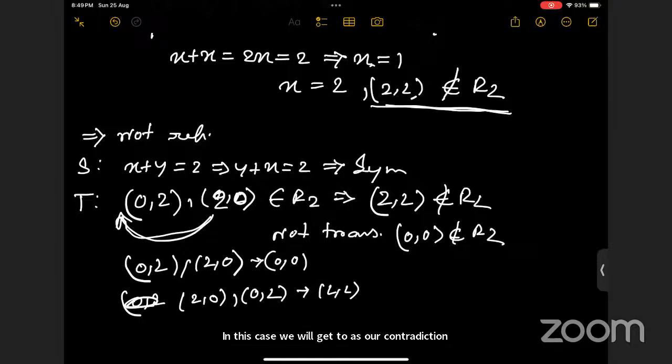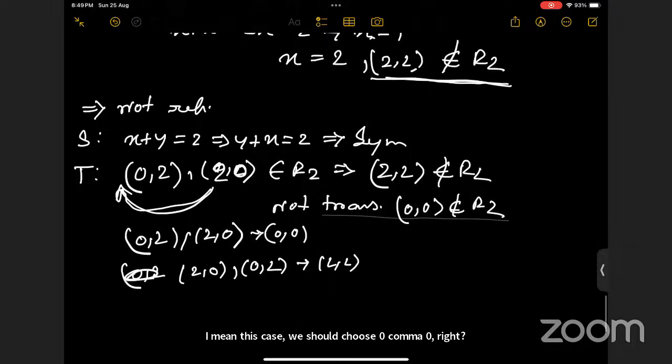So should we choose (0, 0)? Anything you can do, no problem. Order doesn't matter here. We can get the contradiction with both (2, 2) and (0, 0), but only one is needed. If we get one example, then we can directly conclude it is not transitive. Okay?